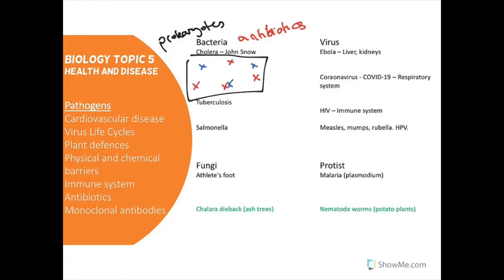Cholera is a bacteria that causes sickness and diarrhea, and it can kill people because they basically can't get enough water, as it just passes through them. What John Snow realised was that people getting cholera were getting their drinking water from a particular well.